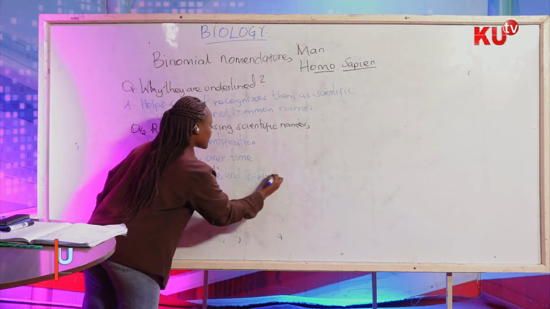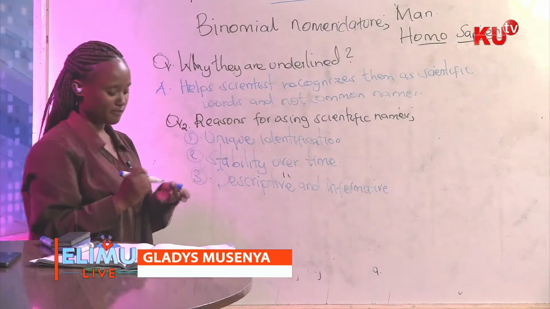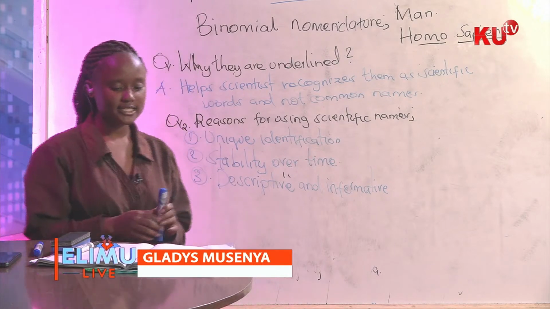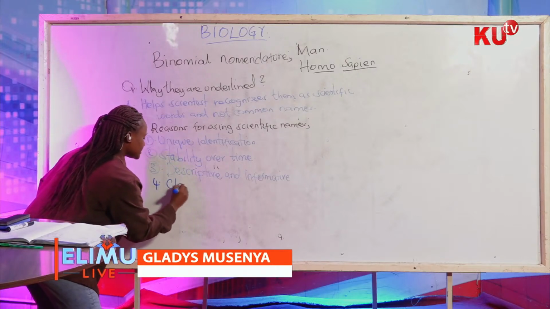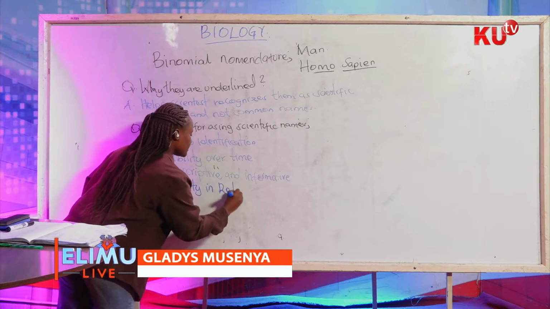Scientific names are descriptive and informative. And then we have the fourth one, clarity in relationship.